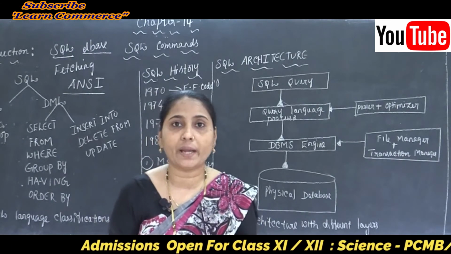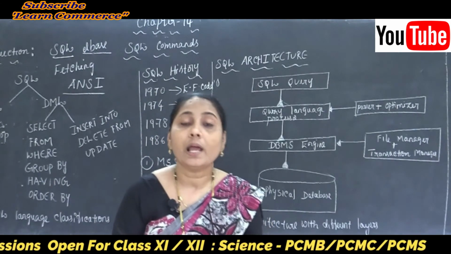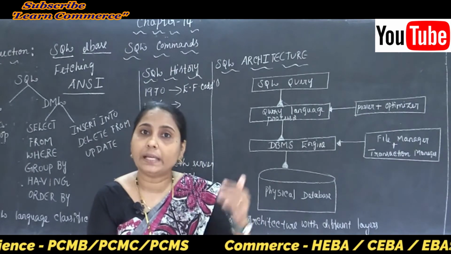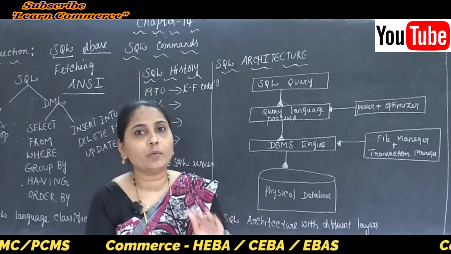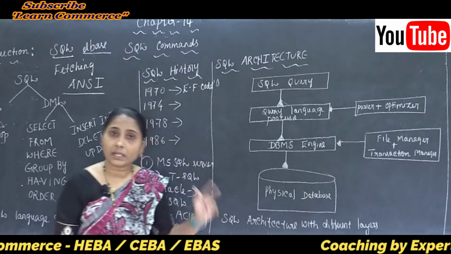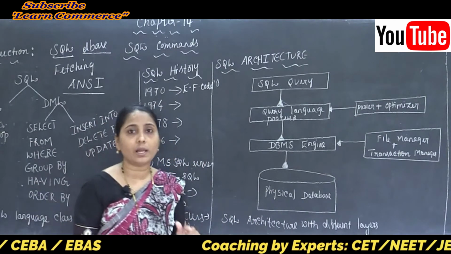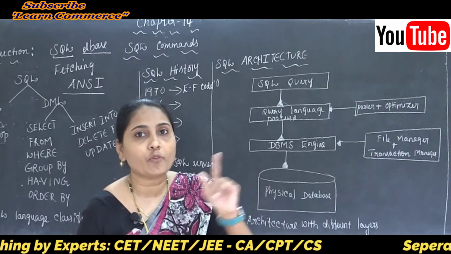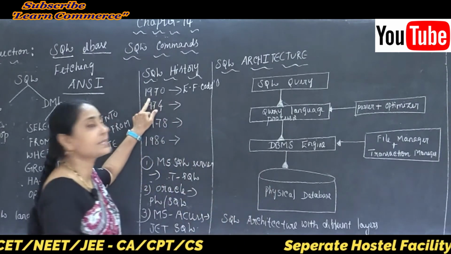I already explained there are three models: the first is the hierarchical model, the second is the network model, and the third is the relational model. The relational model was developed by E.F. Codd in the year 1970.